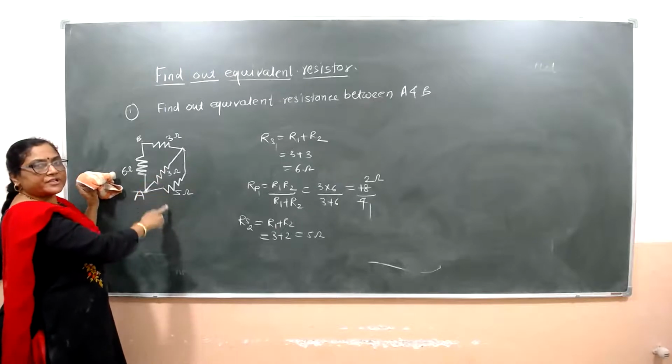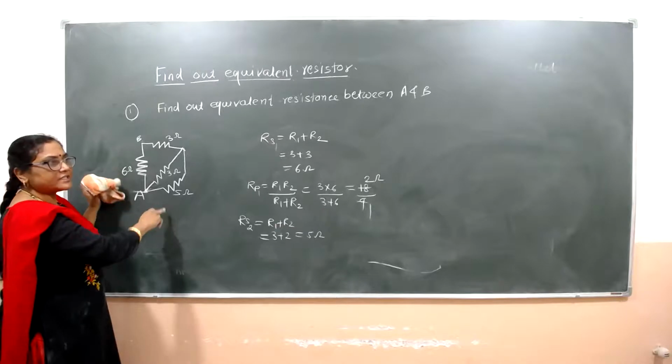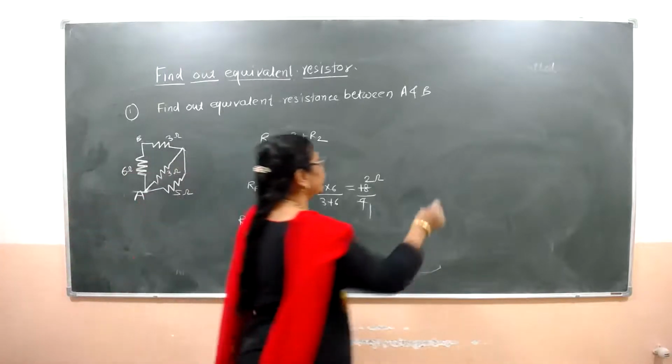Again there are two resistors. What type of combination is this? Parallel. Then what is the related formula for parallel?